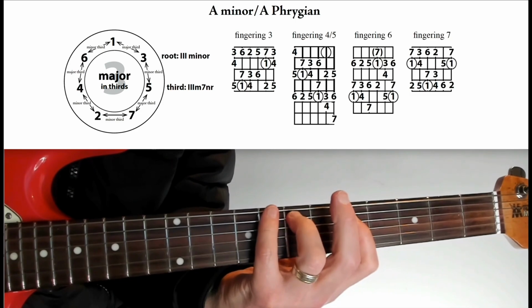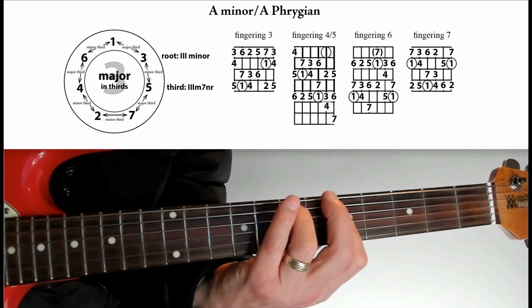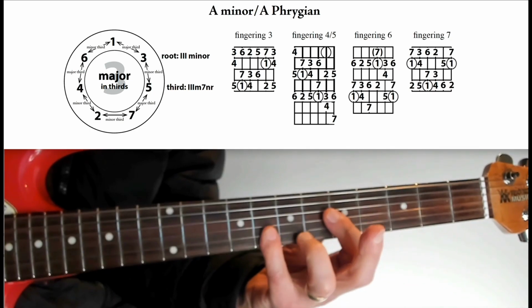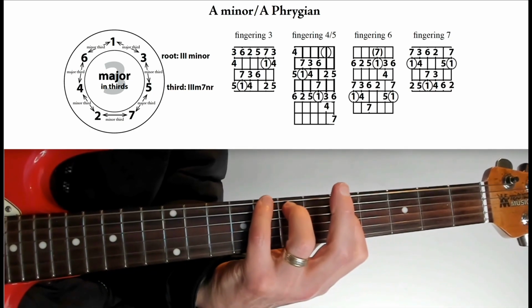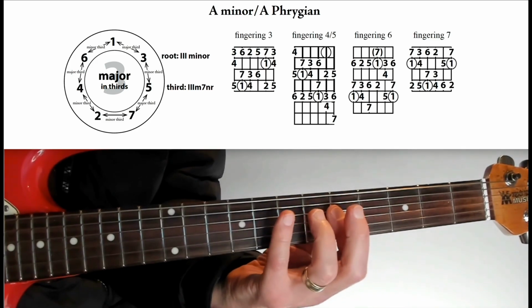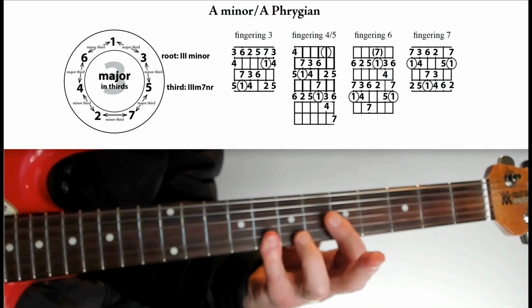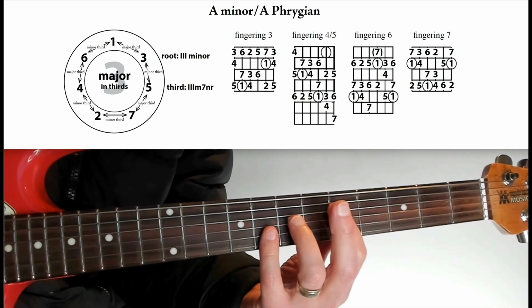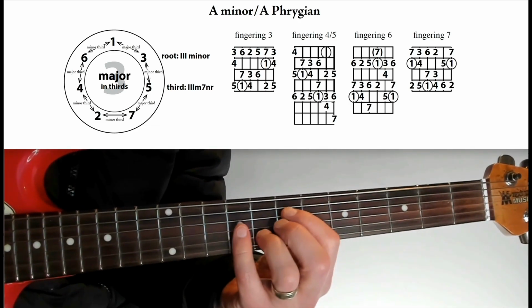Then C major is scale tones 5, 7, 2, 5, 7, 2, 5. In letters, that's C, E, G, C, E, G, C. And those make an A minor 7th chord with no root.